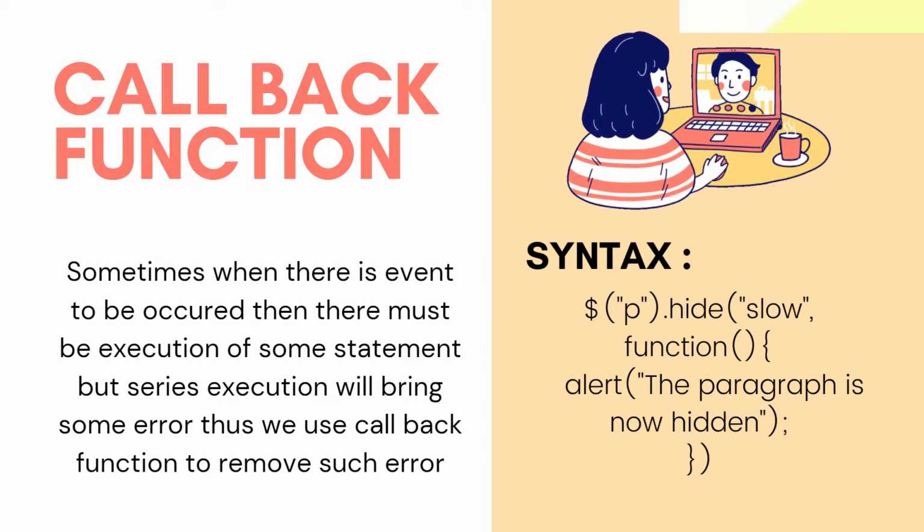For that purpose, callback functions are very useful, because they get executed if this function is executed successfully. For example, if it is hidden successfully, shown successfully, or faded or slided successfully, at that point in time it is going to show us what is actually happening. And this is how callback functions are very useful, and I'm going to discuss all these things in VS Code.